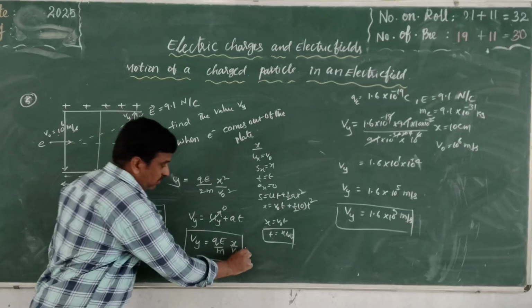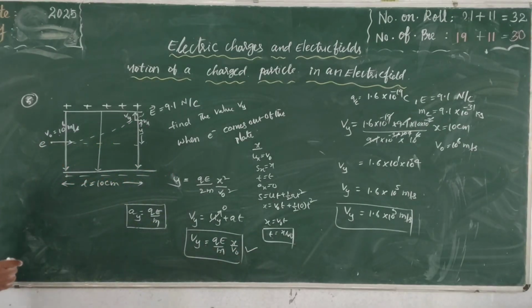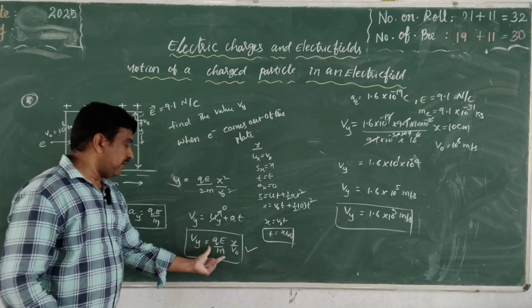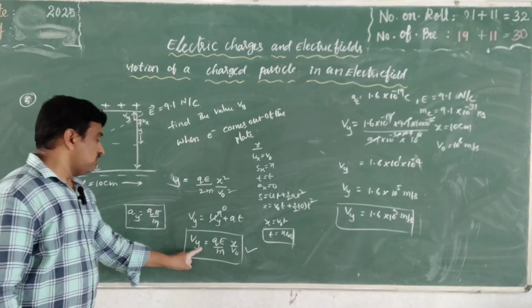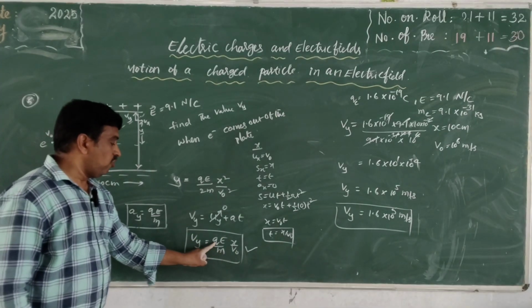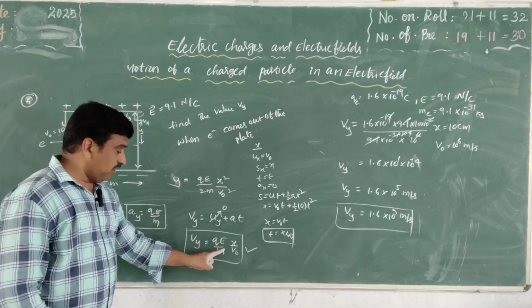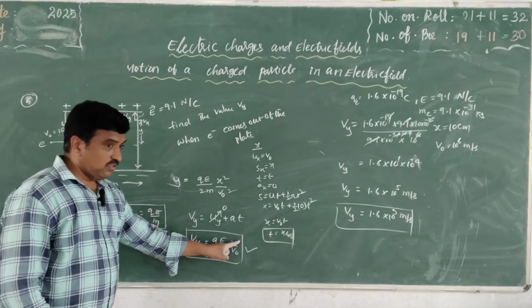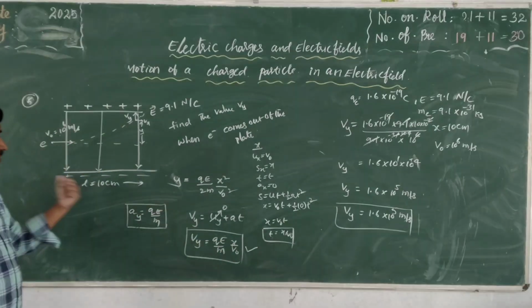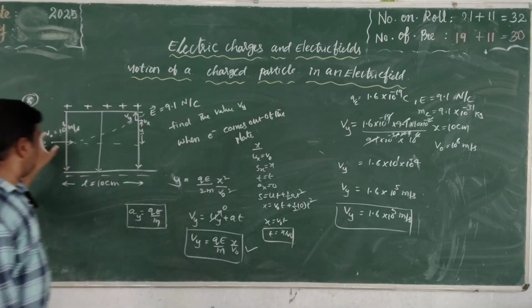This is the final velocity of the charged particle when it just crosses the plates. In that case Vy equals QE by m into x by V naught. Here Q is the charge on the particle, E is the electric field, m is the mass of the charged particle, x is the length of the plates, and V naught is the initial velocity of the charged particle.